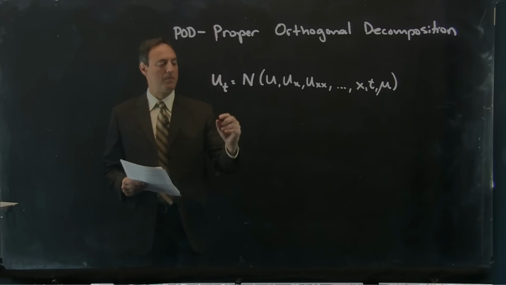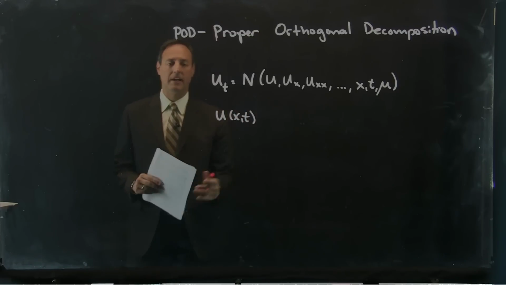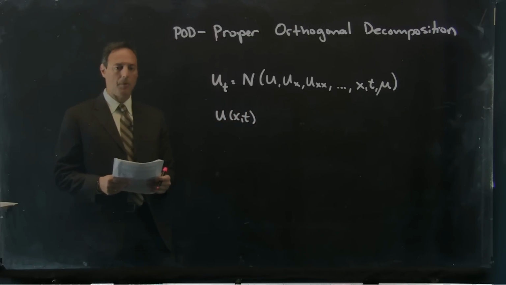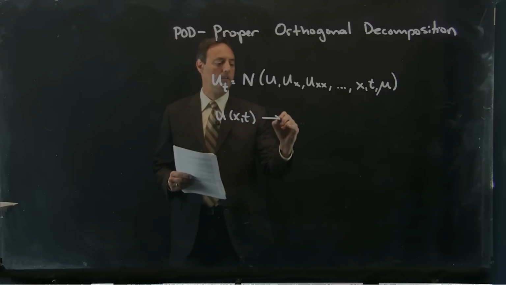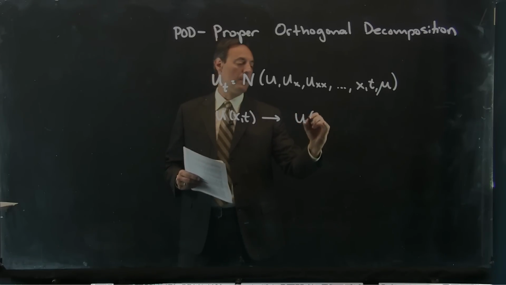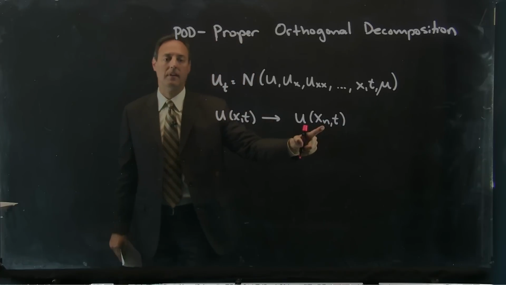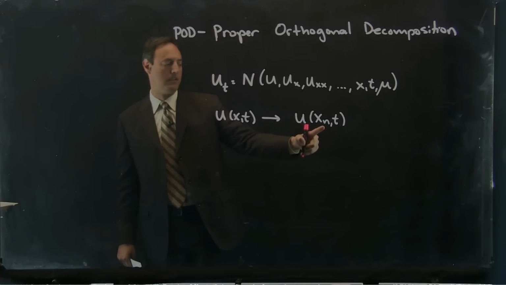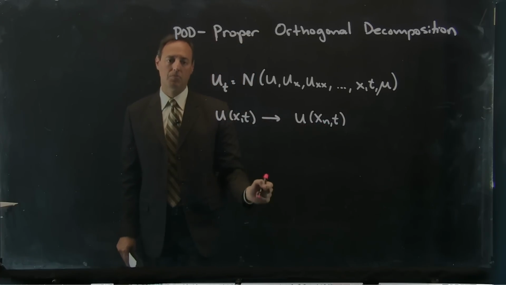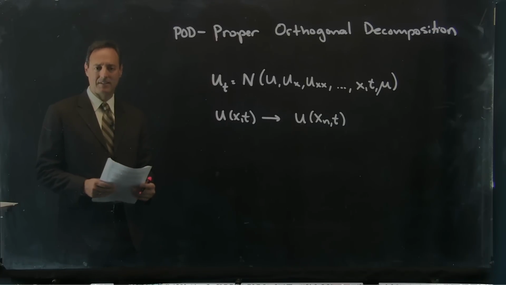So what we're going to do is think about taking u, which is a continuous variable of x and t, and we're going to turn it into a vector. Let's call this the vector u, which is going to be now evaluated at some discrete point x_n and time t. So at this point, we're just going to take care of discretizing the space variable x.